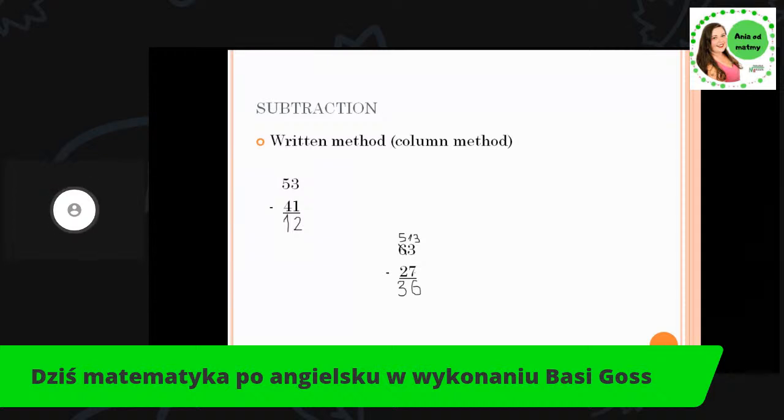And another example, 100 minus 39. What's the answer? Can you write your answer in comments, please?